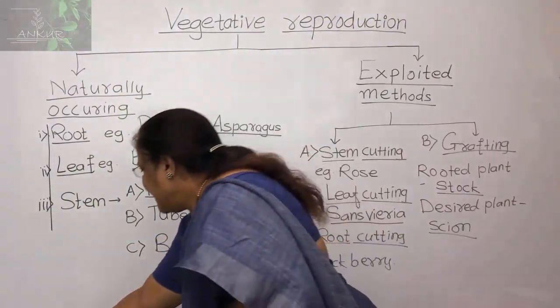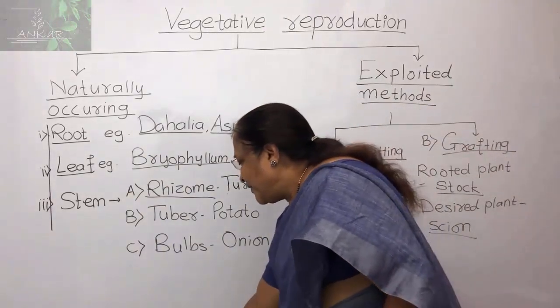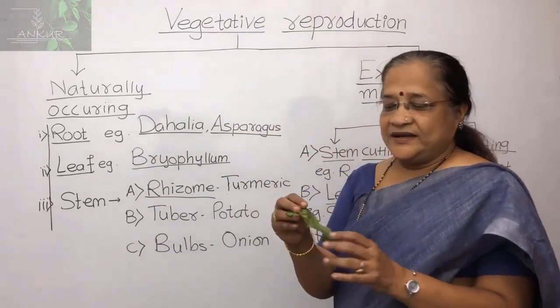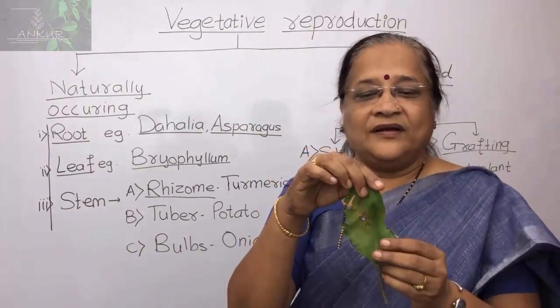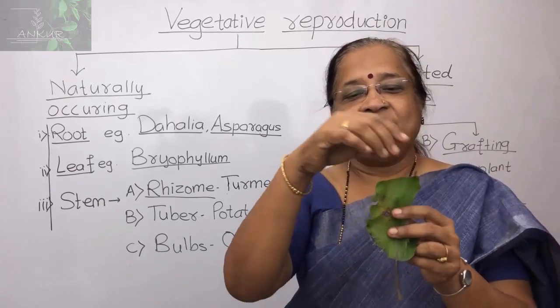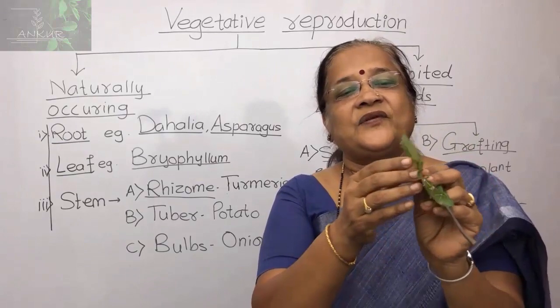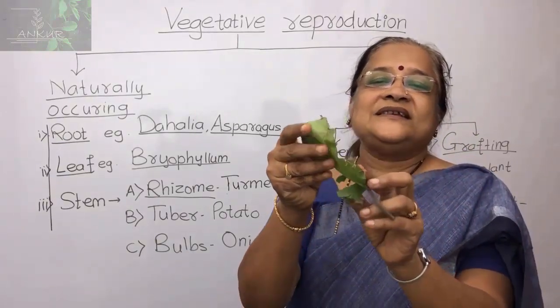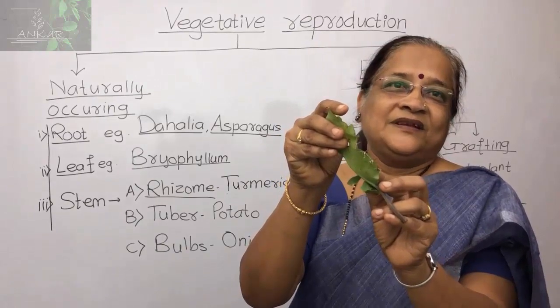The next one is the leaf, and the best example of a leaf from which you get a plant is Bryophyllum, or what we generally call panfuti. In this panfuti you can see notches on the leaf, and from these notches very small plantlets arise.